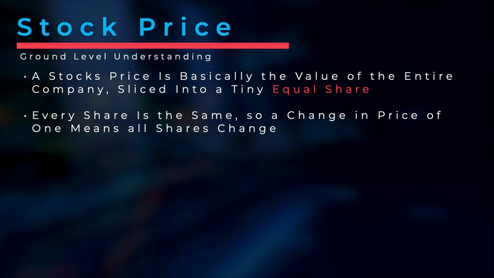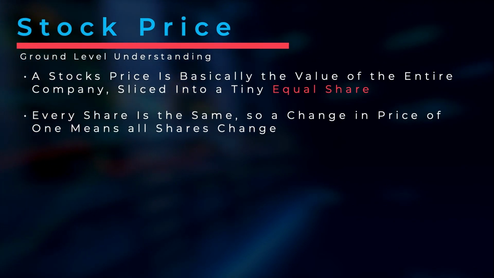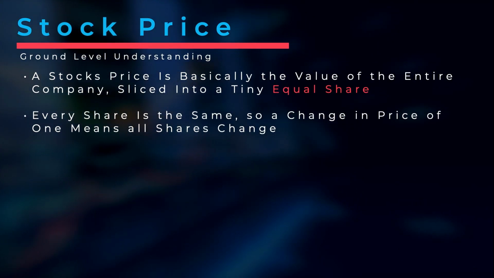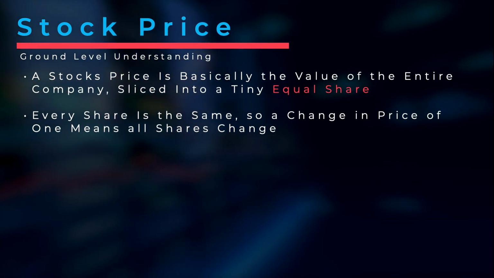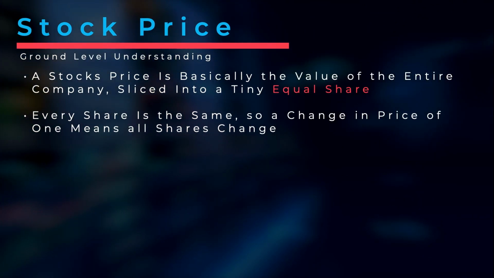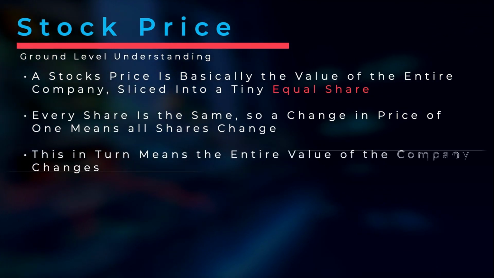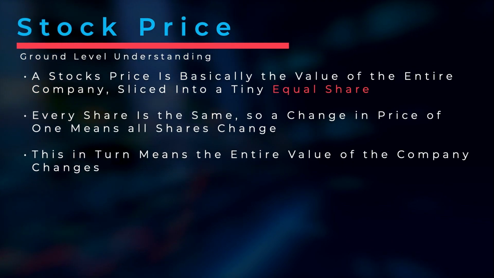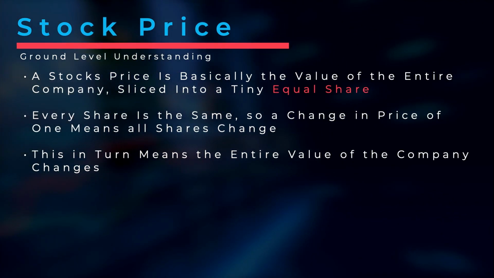The change in price from one means that all shares change at the same time. So if my stock goes up a penny, every stock goes up a penny. It's a very powerful concept. Make sure you understand that. This in turn means the entire value of the company changes every time you see the stock price change.